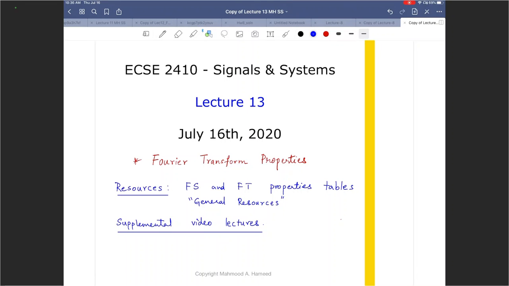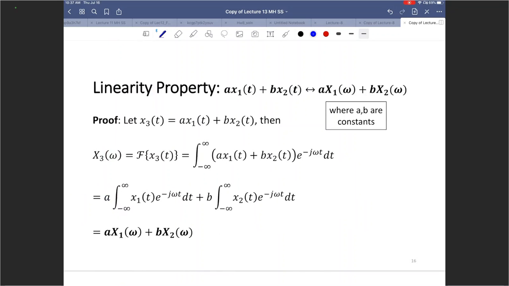It would scan in the frequency. So we had a detailed discussion during office hours on that. I will compile certain aspects of that in an asynchronous video lecture, and I will make that available to you. Okay, let's talk about Fourier transform properties.